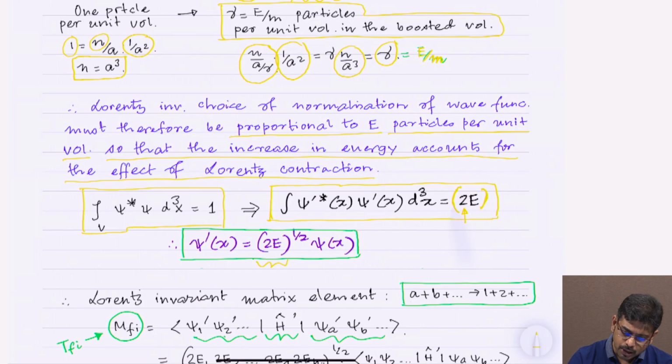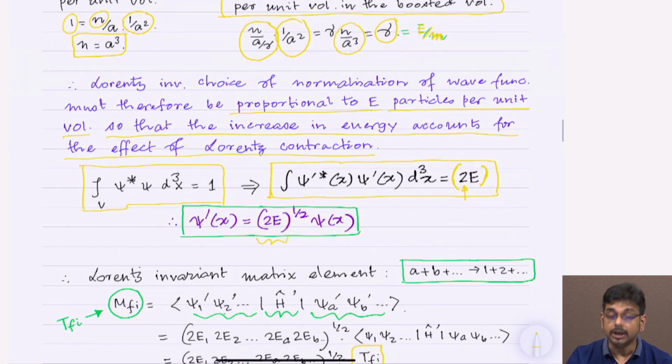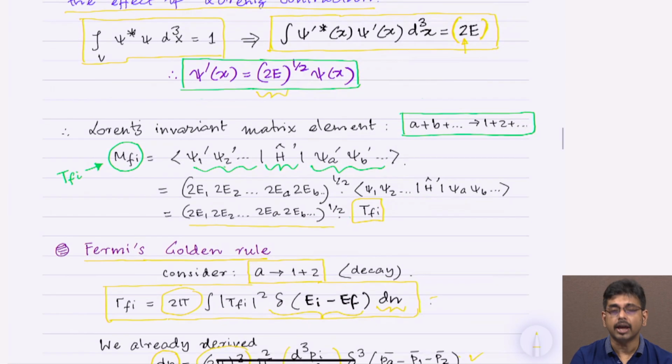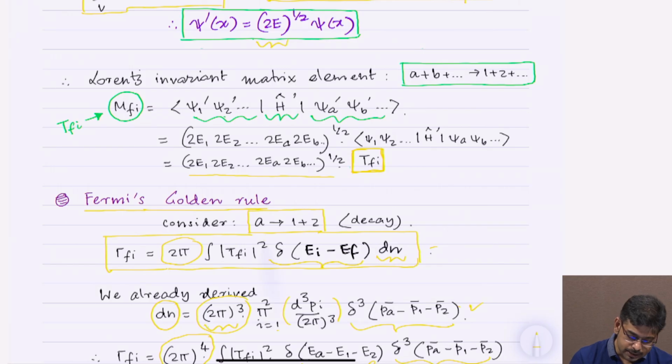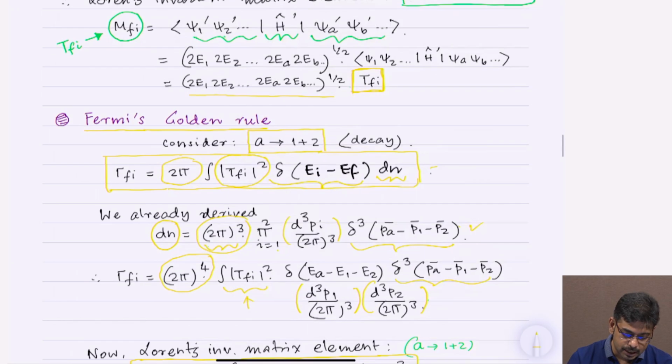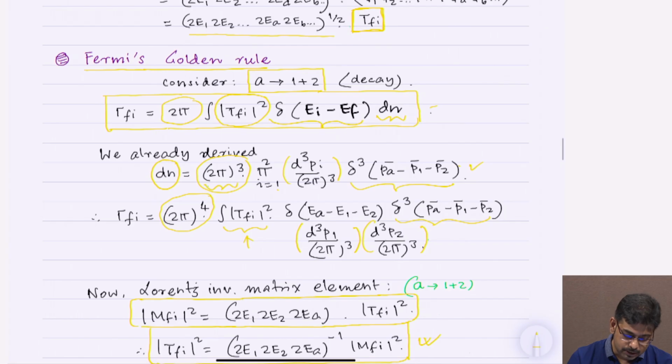So with this introduction of the relativistic normalization of the wave function with a factor of 2E, the transition matrix element also rescales relative to the non-relativistic case, by factors of (2E1, 2E2, 2Ea, 2Eb, etc.) whole to the power half. Once we include it in the expression of Fermi's golden rule, instead of this non-relativistic expression of T_fi squared, we can use this relativistic, or Lorentz invariant, expression for the matrix element.